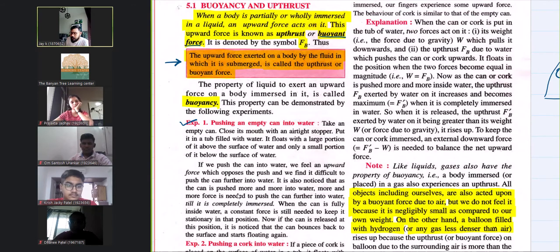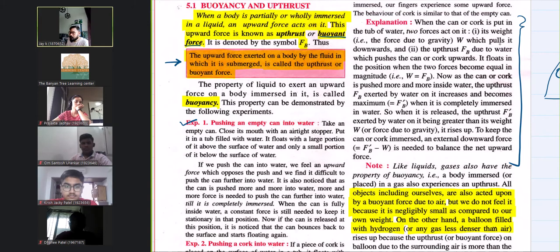Now the explanation is given over here. There are not many questions asked from this explanation part, but this is for your own satisfaction. If you understand this explanation, why this upthrust works and what the reason behind the upthrust is which acts on any object submerged in a fluid, you will find the answers over here.